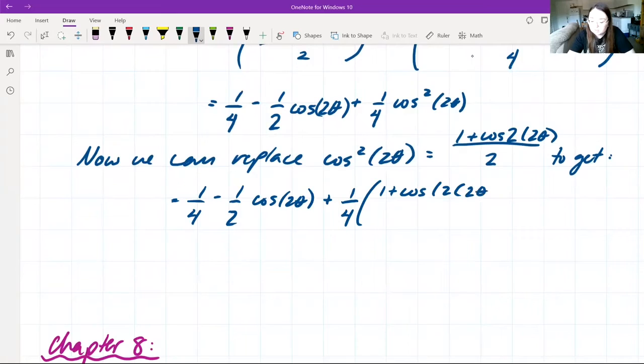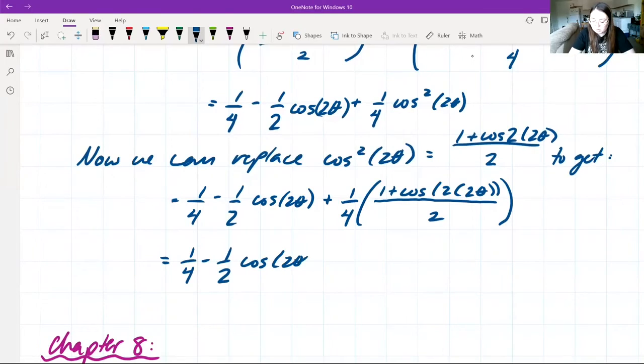So we have 2 times 2 theta divided by 2. And when we simplify this out, we'll get 1/4 minus 1/2 times cosine of 2 theta plus, and this is going to turn into 1/8 plus 1/8 cosine of 2 times 2 theta, which is going to be 4 theta.